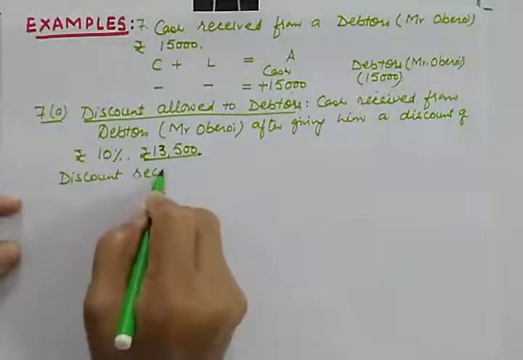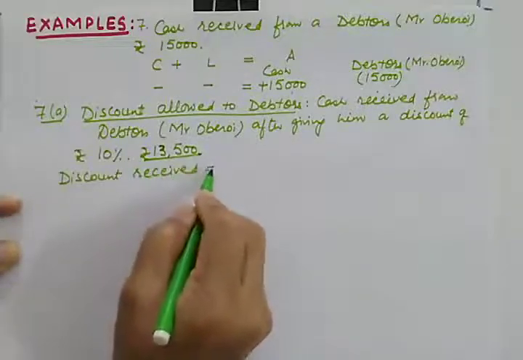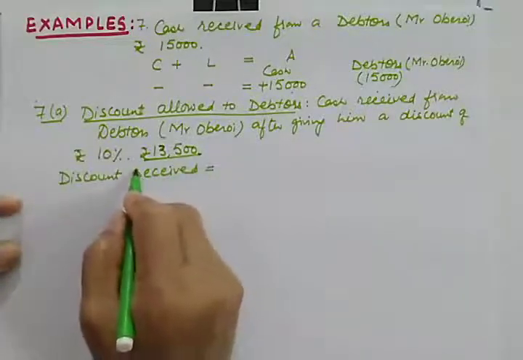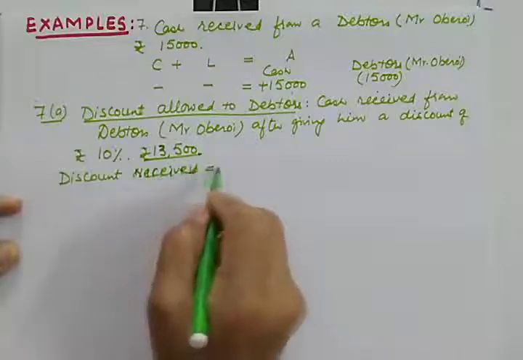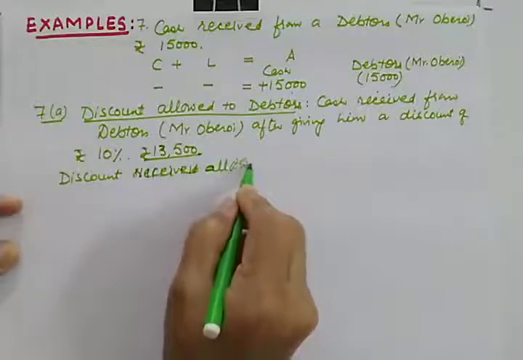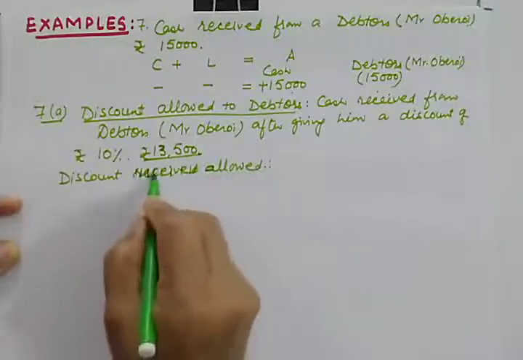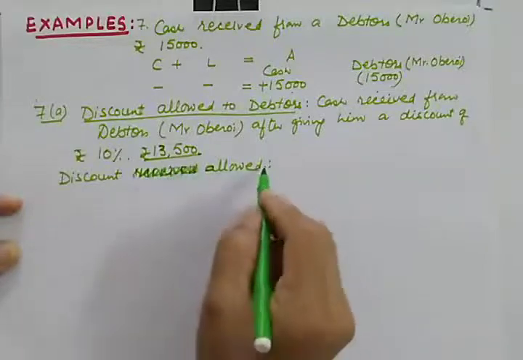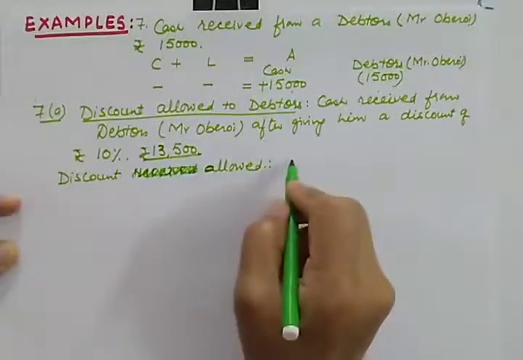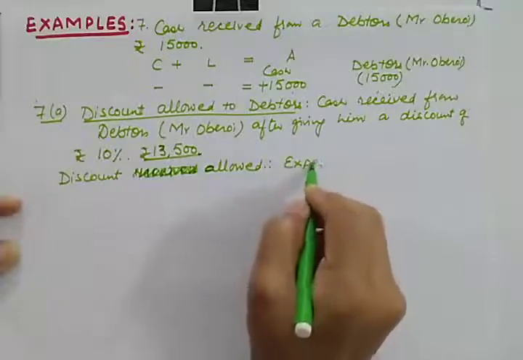Let us make a list of all those items. Discount received. Is it discount received? No, this is discount allowed. So first is discount allowed, because we are allowing discount to our debtor. So this is our expense. And how to treat expense?